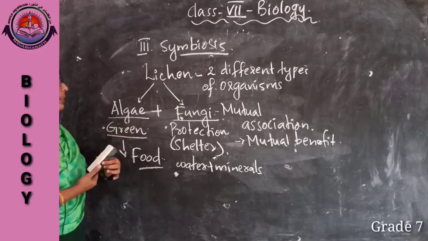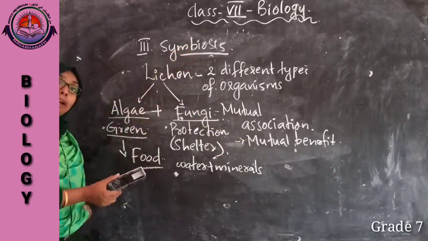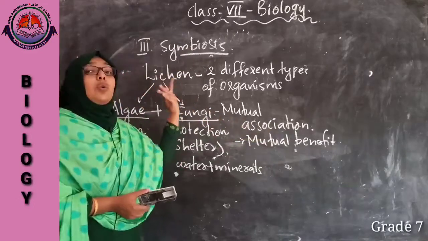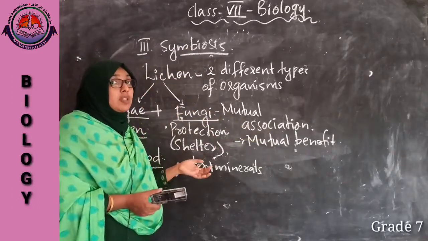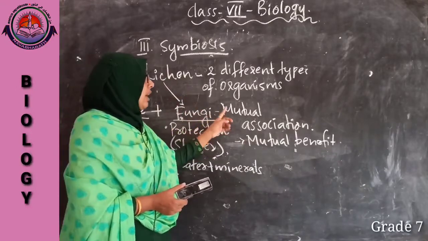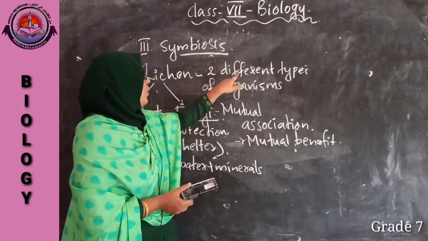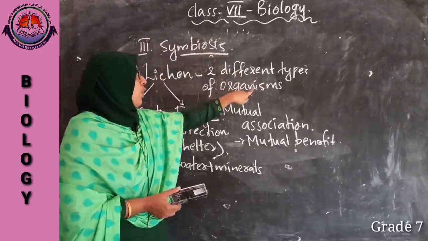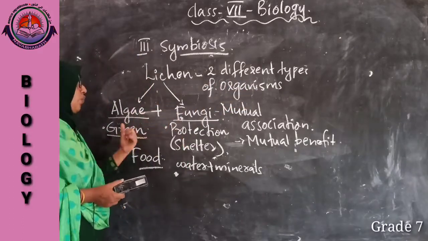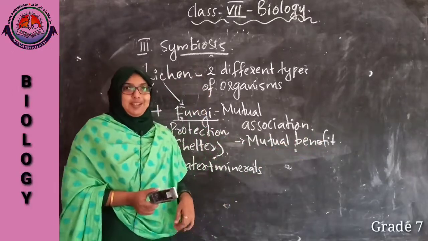So these terms should be there while we define symbiosis. By culminating these two words, how can we define symbiosis? Symbiosis is a mutual association between two different types of organisms which live together and work together for the mutual benefit.